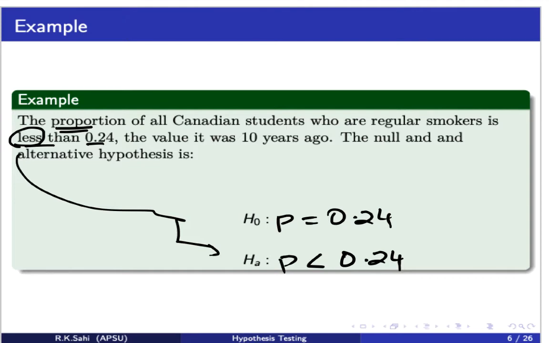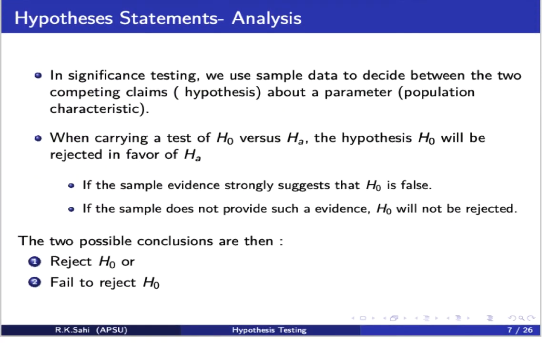Okay, so now we have to do our analysis. When we're doing an analysis, in other words, we are carrying out a test of the null versus the alternative hypothesis. In other words, do we reject or do we fail to reject the null hypothesis? And so here, the way we look at it is, if we have a sample which strongly suggests that the null hypothesis is false, then definitely we are going to go in favor of the alternative hypothesis.